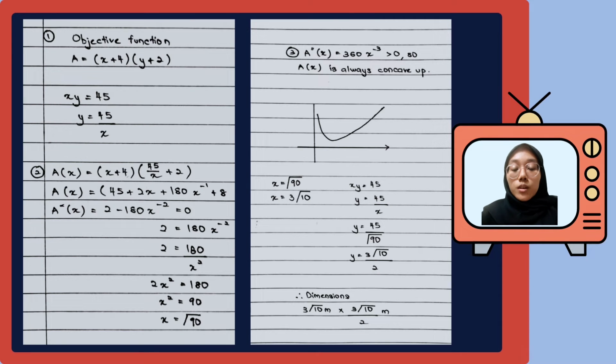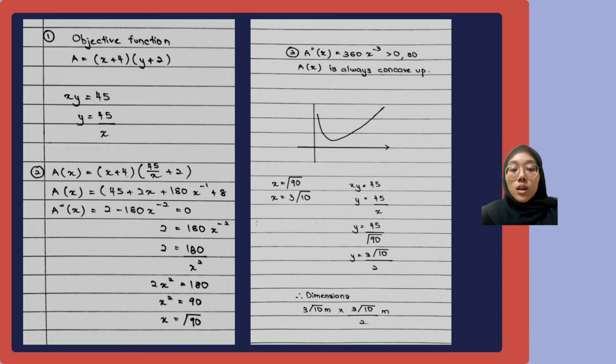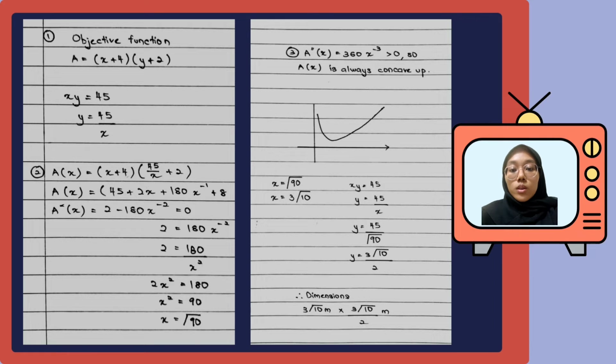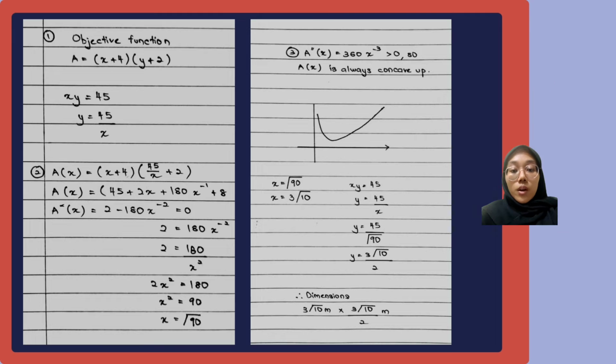For the solution, we are trying to minimize the combined area, so the objective function will be A equals the base of the combined area, that is x plus 4 times y plus 2. Now, since we have two variables for the area function, we need to connect x and y. So we make a constraint: x times y equals 45 meters square of the area.